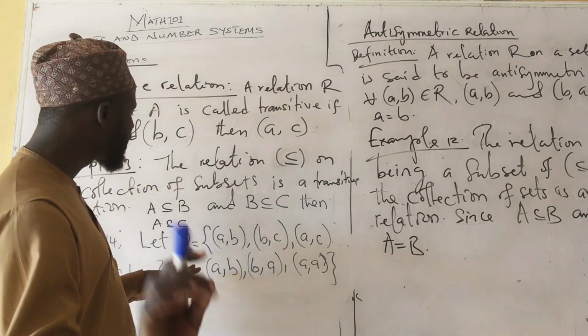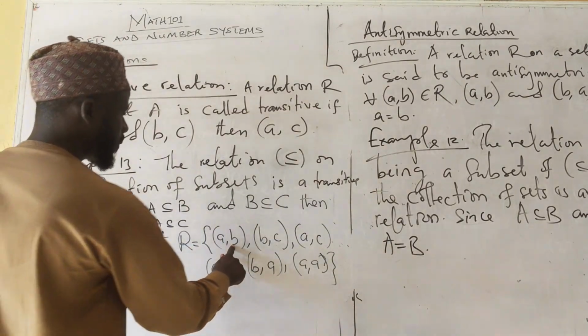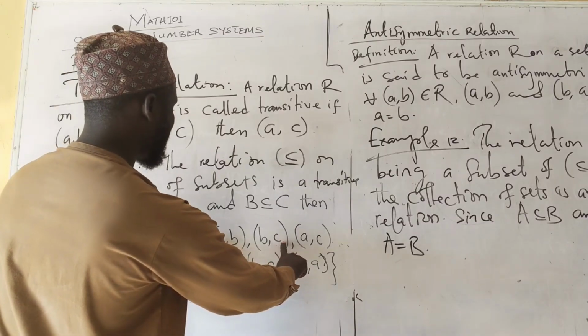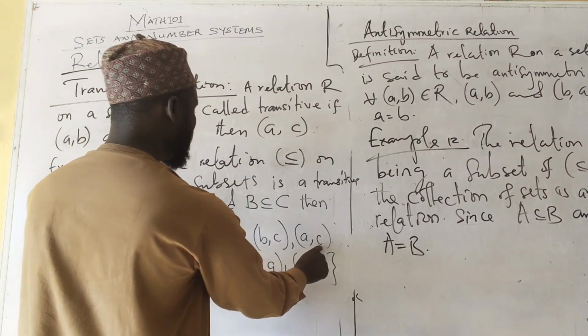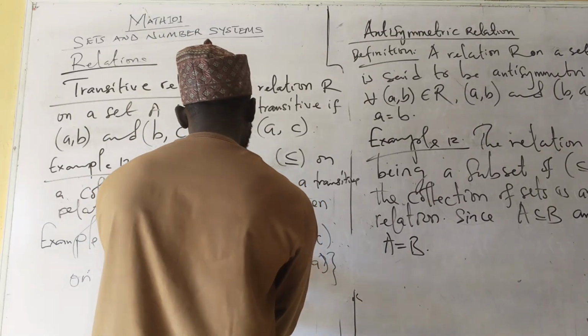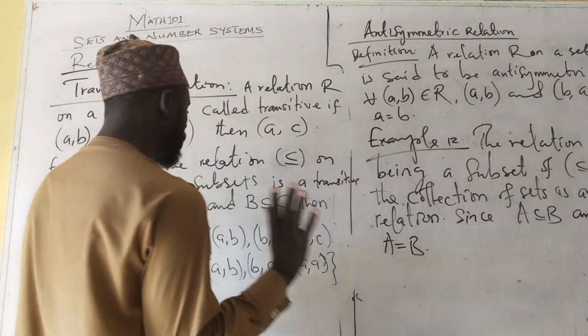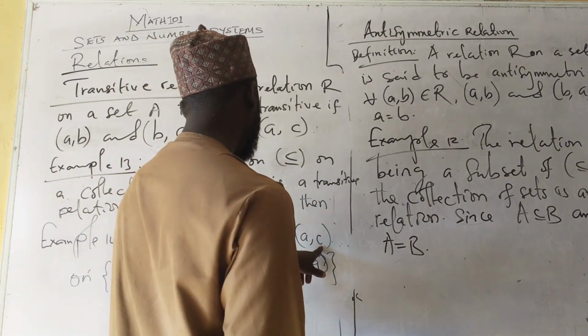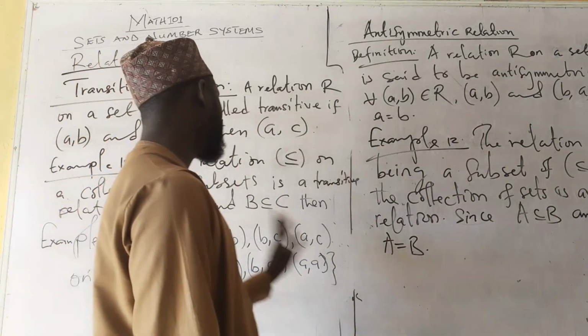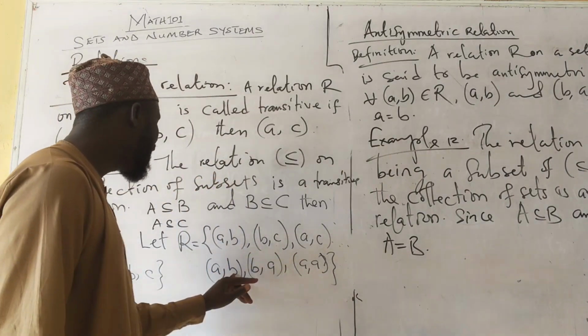To answer that, we have AB and we have BC. So we should have AC in the relation. We have AC? Yes, AC is here. We have BC. Do we have C something? We don't have. Good. AC. Do you have C something? No, we don't have. Okay. We have AB.